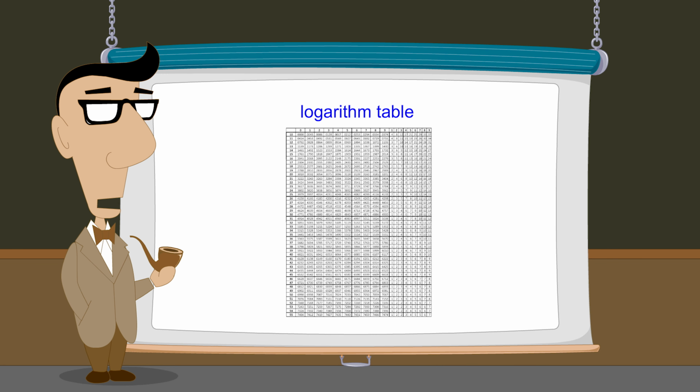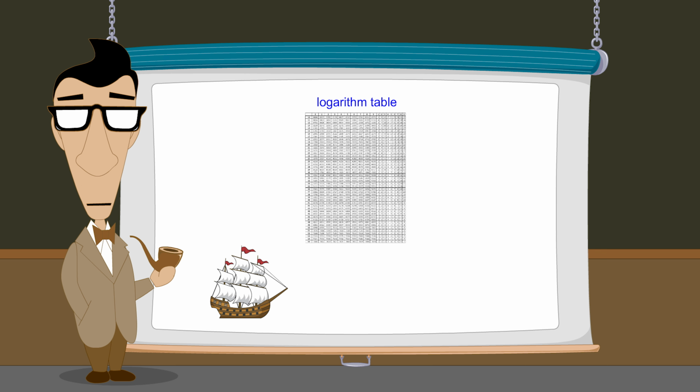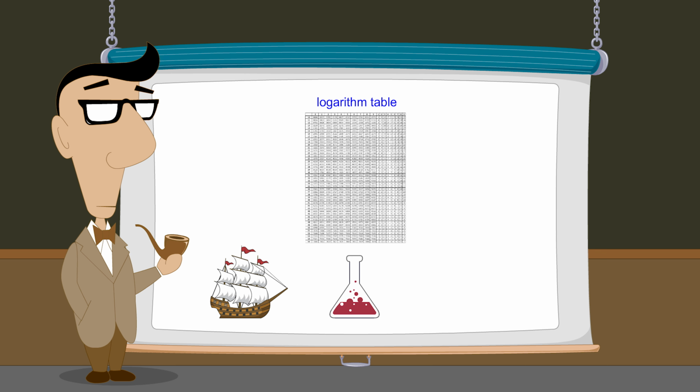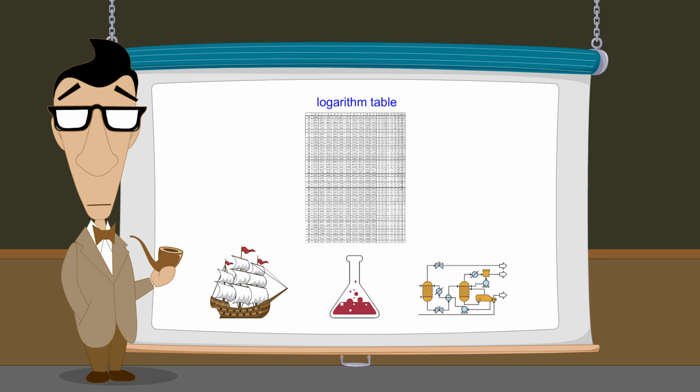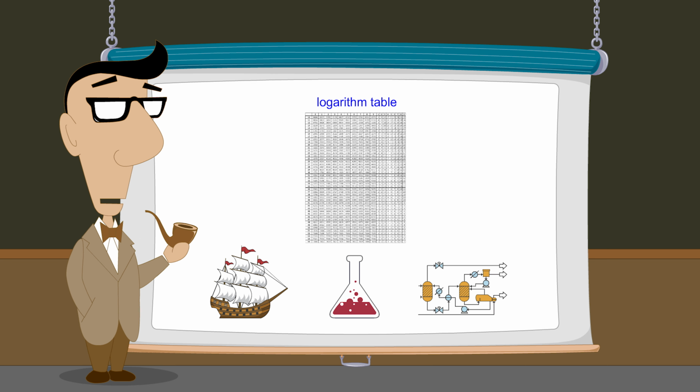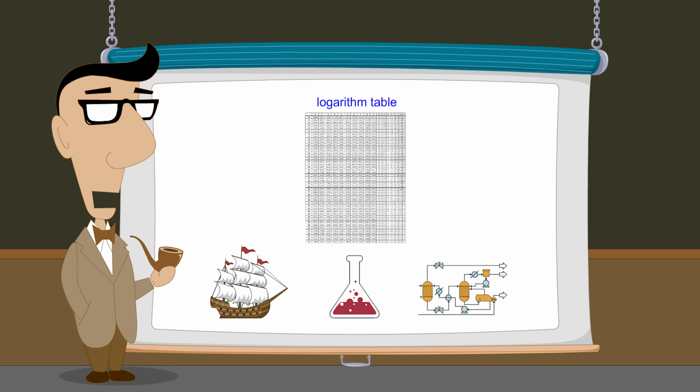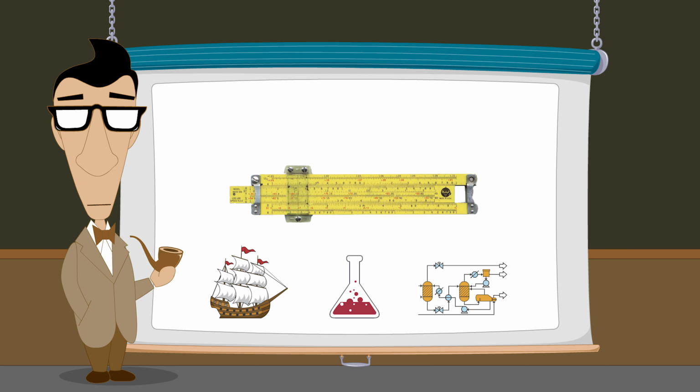Napier's logarithm tables were rapidly adopted by navigators, scientists, engineers, and many other professions to perform computations more easily. Later, the logarithmic slide rule was developed, allowing multiplication and division computations without the use of tables.